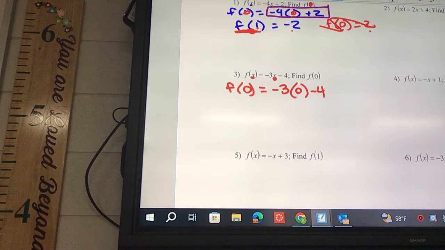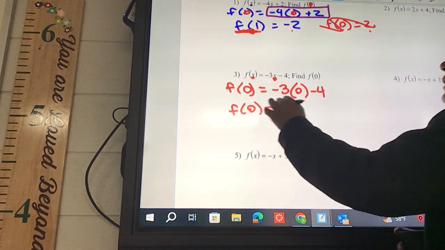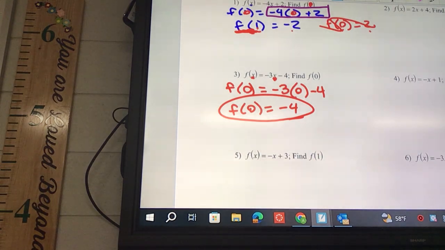Negative 4. Anybody else? Isabella, did you get negative 4 too? So at f of 0, my answer is negative 4. If you just write me down negative 4, I promise you I'm going to mark it wrong, because it's not negative 4 for every number, it is only negative 4 for 0. That's the only one.